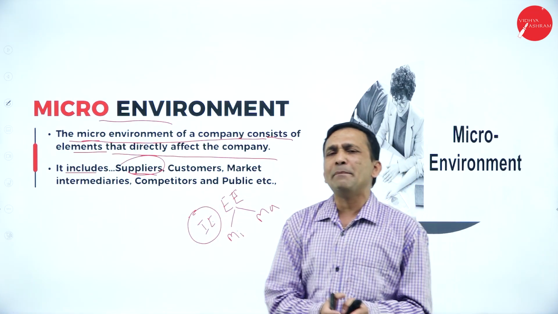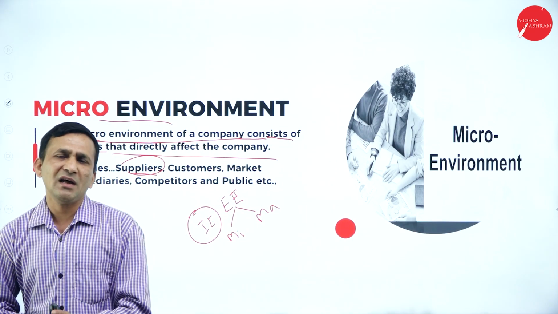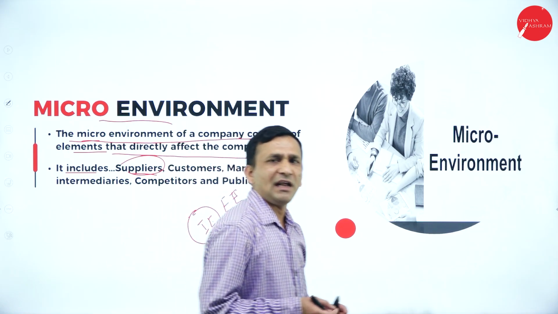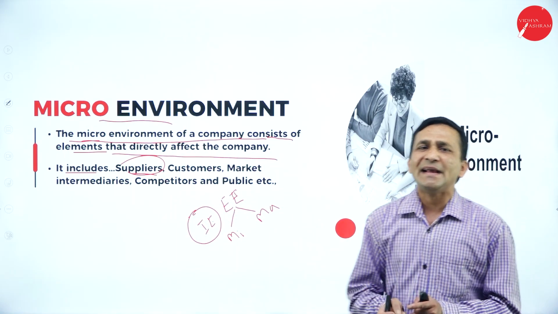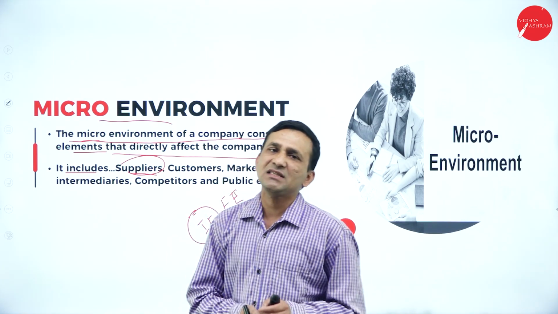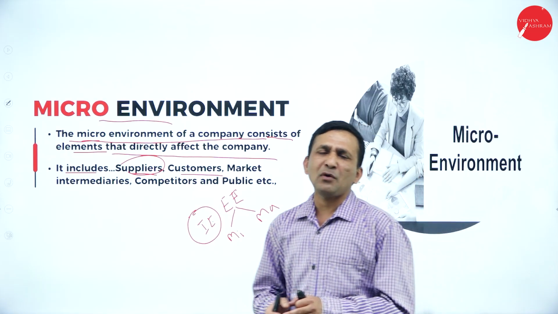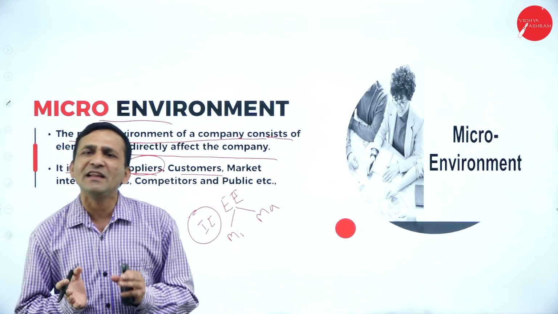For example, if the business depends on only one supplier and they do not give material at the right time, or suddenly increase the price of the raw material, it affects the business.